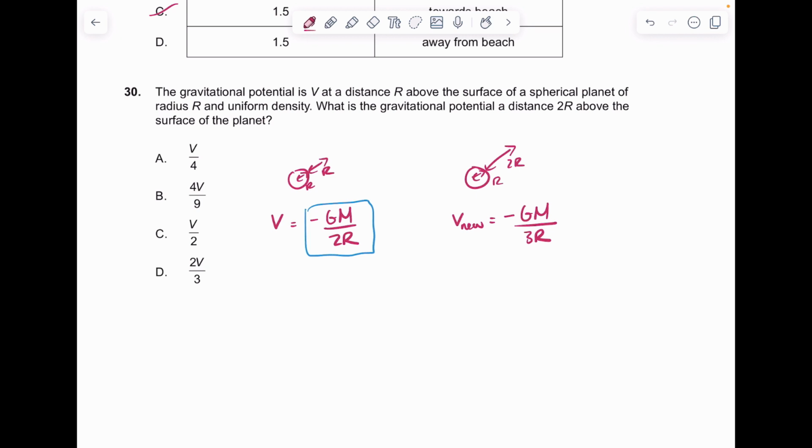If I factorize out minus GM over 2r as a factor, I would need to multiply that by 2 over 3 to get my minus GM over 3r for my new system, and that is my initial V. So the new potential is 2/3 of the original potential, which is D.